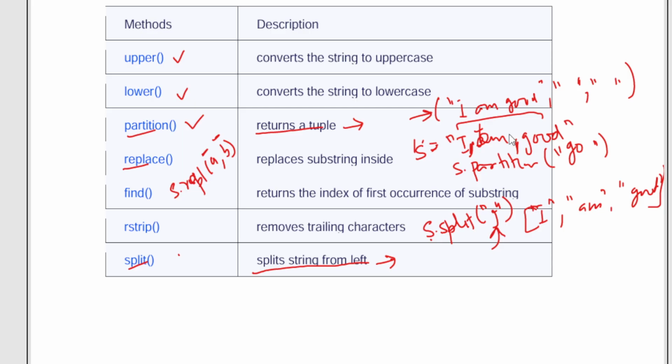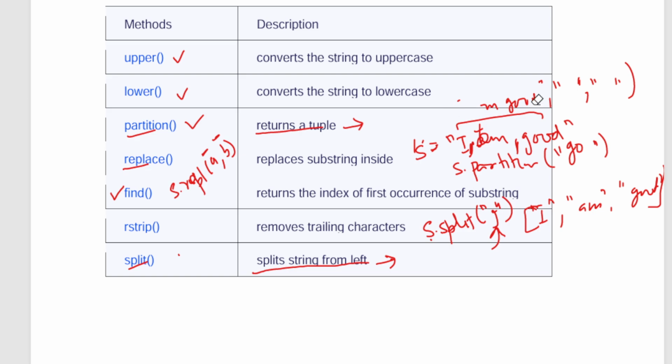Okay, and find will find the first index of that element. It returns the index of the first occurrence of the substring. And rstrip generally removes the spaces from the right side of the string.